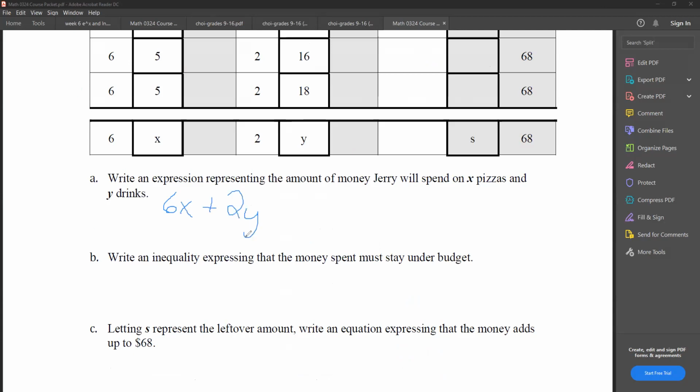Okay. Now, the inequality means that's the money I spend. I have 68 bucks to spend, so that tells me that 6x plus 2y had better be less than or equal to 68 bucks. Okay. Now, to turn the inequality into an equality, all I'm going to do is add the leftover money, which is what they call S. So if I take the money I spent plus my leftover money, which is the slack variable, that should equal $68.